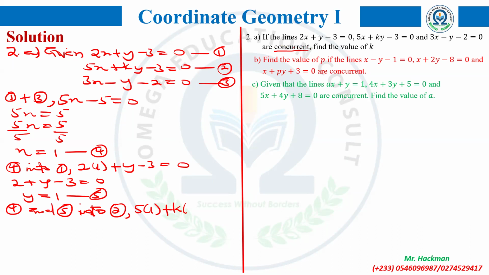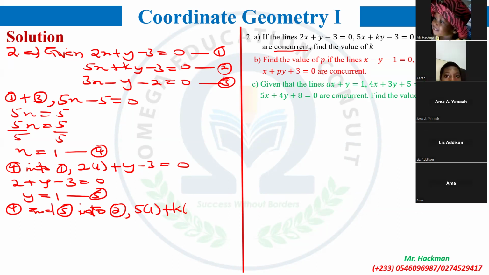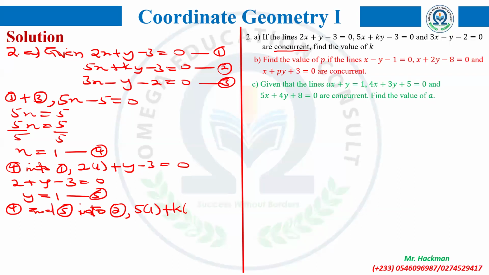You get the difference. Here you know that the lines are concurrent, so automatically they should meet at a common point of intersection. We are just making use of that fact, because the point of intersection of these two is the same point this line will pass through. So it means the point will satisfy this equation. Okay, very good.